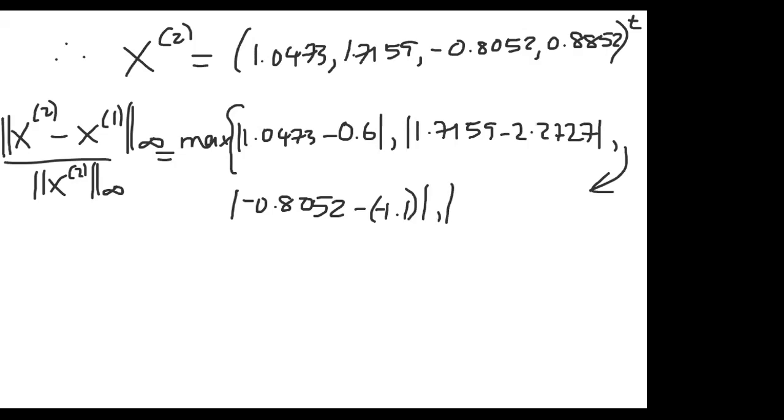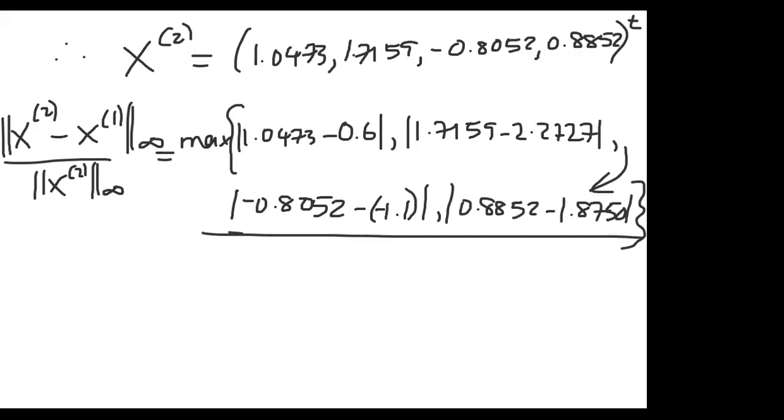And lastly, we are going to get 0.8852, the small x42 minus small x41. And the value we got there was 1.8750. So find the maximum of that, then divided by the maximum of the components of capital X2.